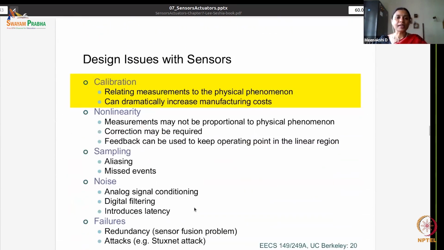What are the various design issues that people typically deal with while reading data from sensors as part of a cyber-physical system application? This slide lists all the issues. There could be issues related to calibration, non-linearity, sampling, noise, and failure. What do we mean by issues related to calibration?